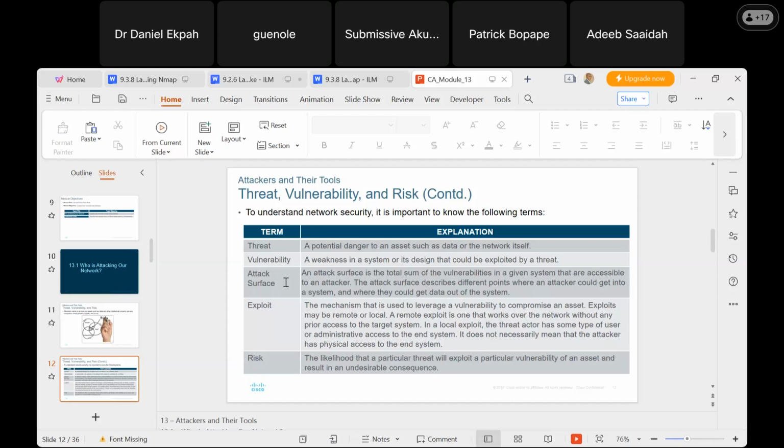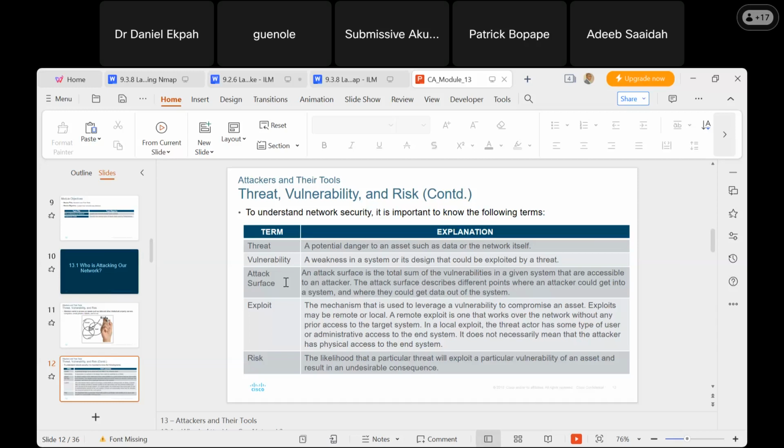And then the attack surface is the total sum of the vulnerabilities in a given system that are accessible to an attacker. Given that we're looking at network security and asking who the attackers are, the attack surface means the different areas in which the attacker will be able to attack. It's like having your own house.